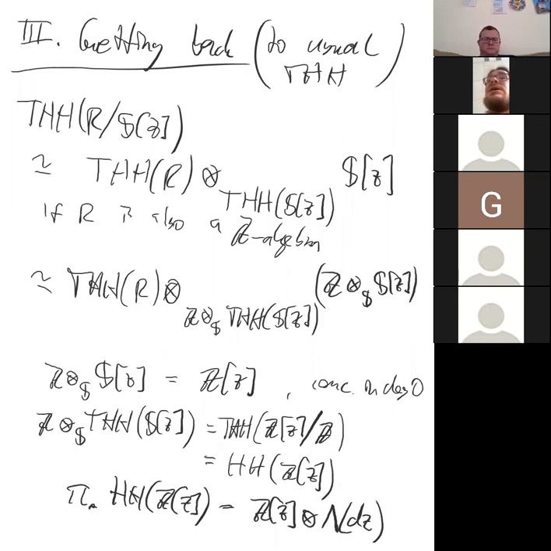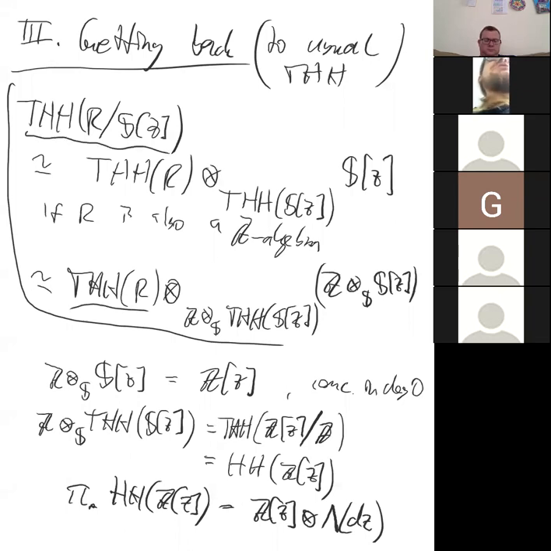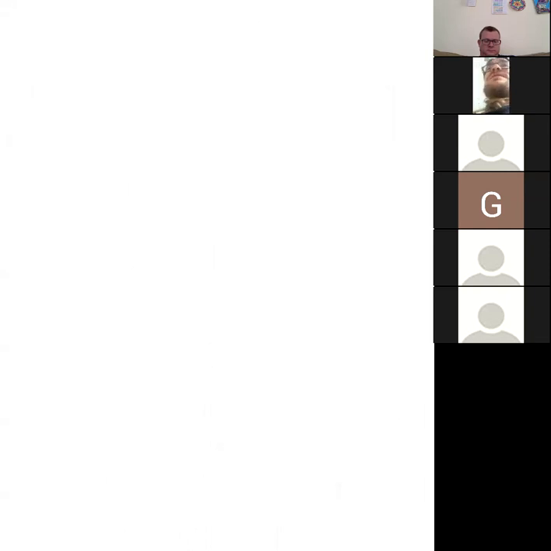Now, we somehow have a nice, simple base change formula, this one, that gets us from absolute THH to relative THH. How do we get the other way? Well, as all of you know, if you go one way easy, the way back is some spectral sequence, right? The Adams spectral sequence gets you back from homology to homotopy.